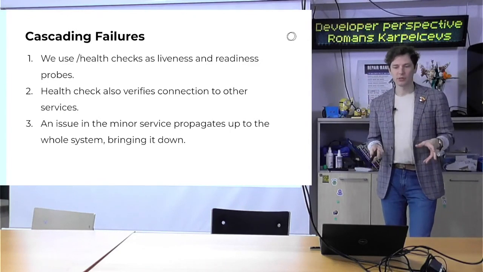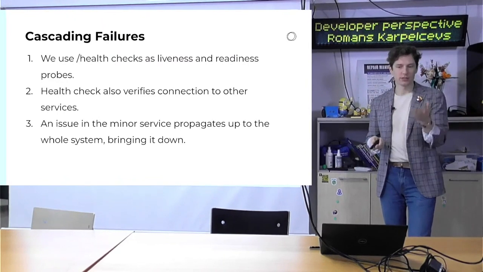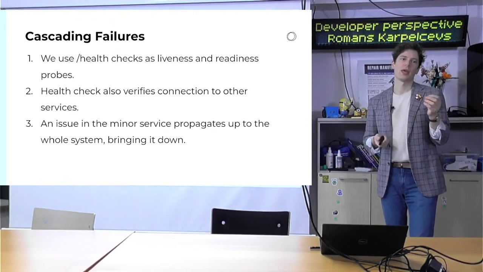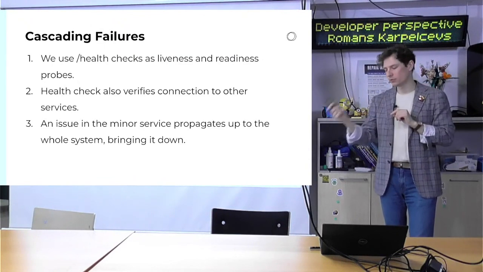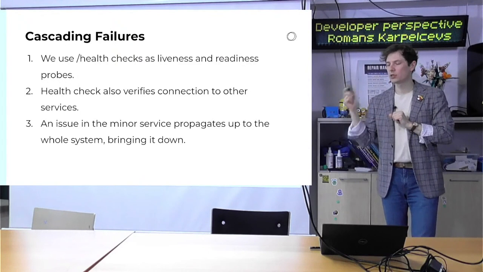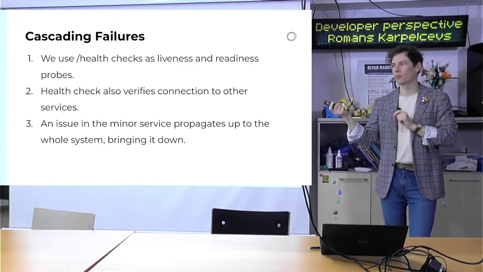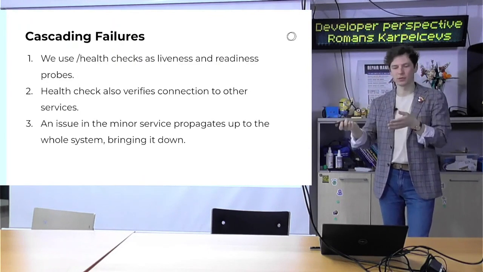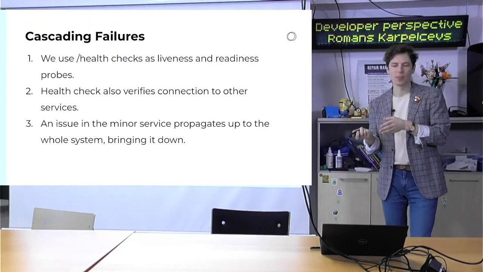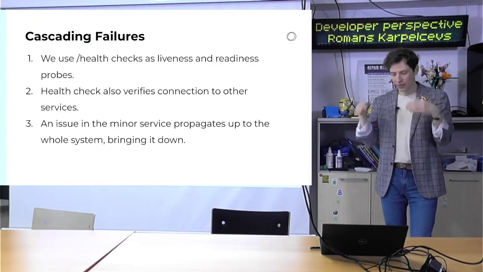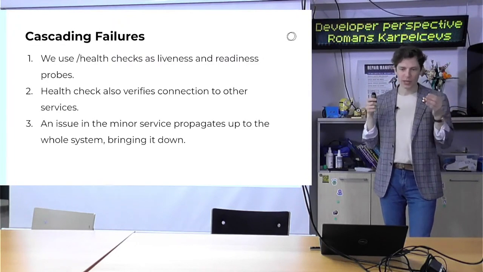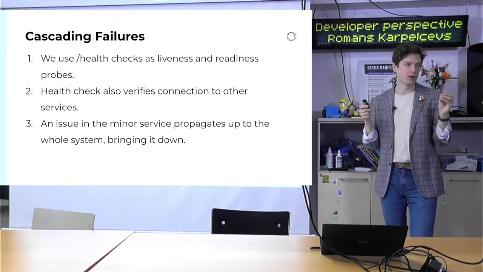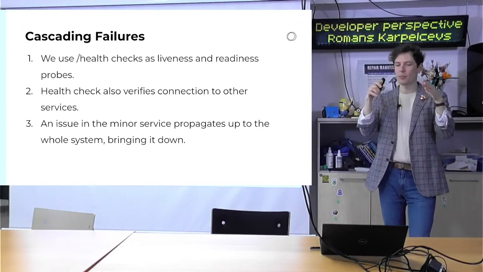And after we migrated, we use the health check as our liveness and readiness probe. And the problem now is that whenever a dependency of the service is gone, that service is also removed from traffic being directed to it. And then anything that depended on that service is also failing the health check. And so when a minor service went down, we had cascading failures that went up to the whole system.